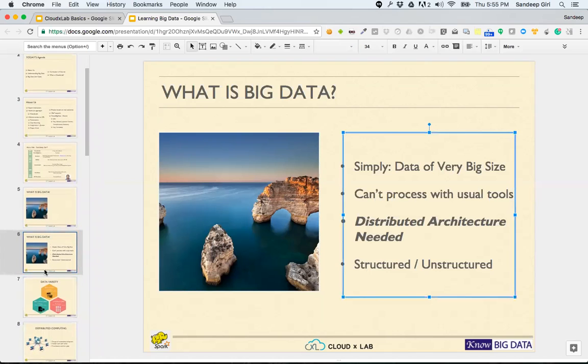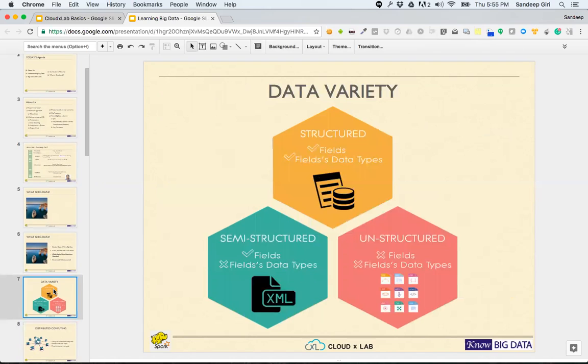There are three V's, and we'll talk about them later. The next question which people have is, what does it mean by structured and unstructured? Strictly structured data is something which you have been using all the time. For example, in a database, you know exactly what kind of columns your table has, as well as the data types of those columns.